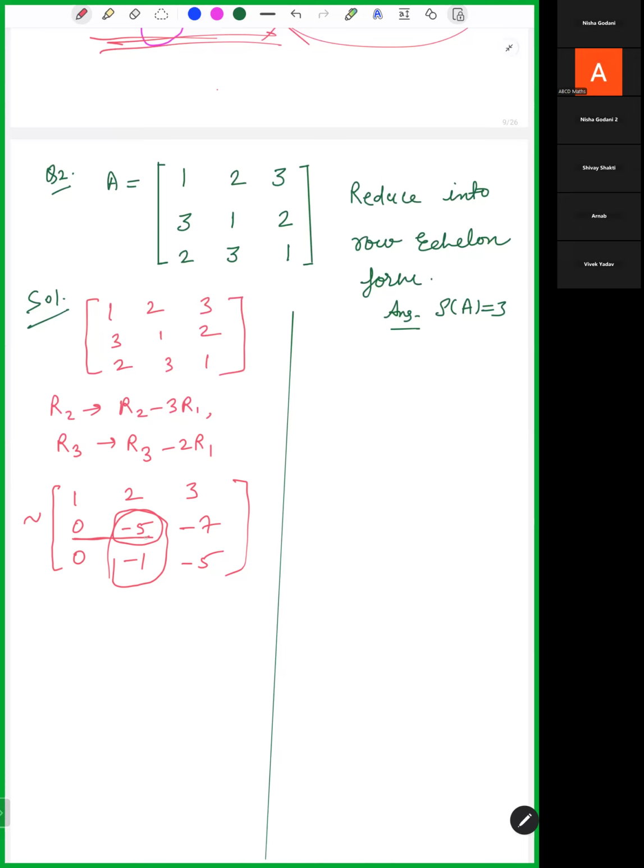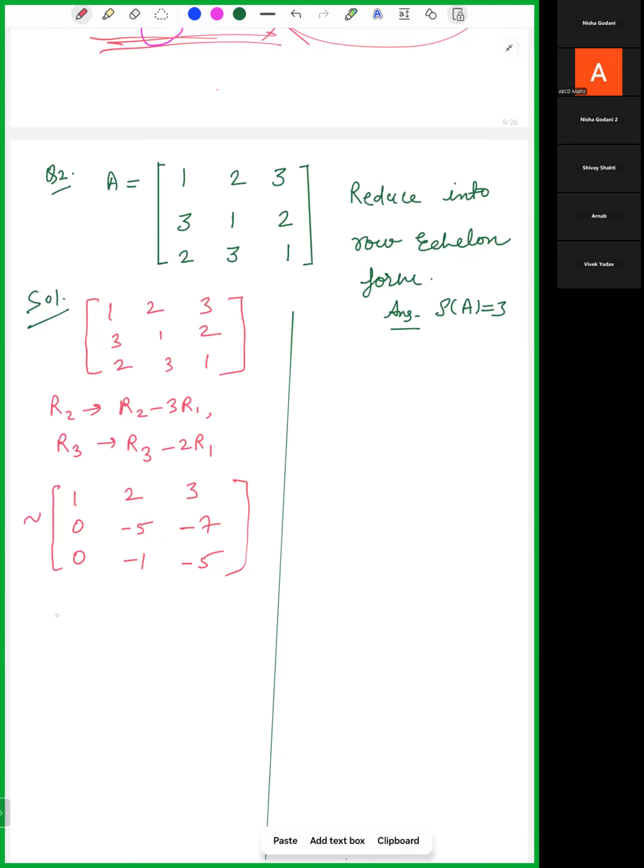These are not multiples. There are so many ways. Either you bring this minus 1 here, then make that element 0, or you can directly do something else. There are so many possibilities.